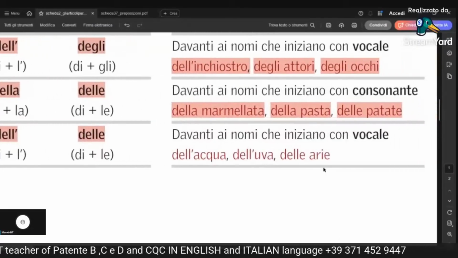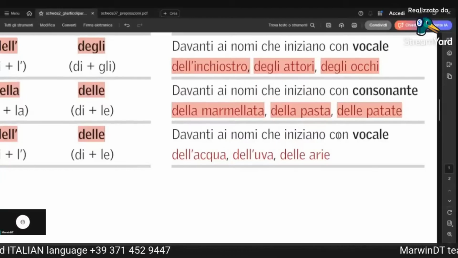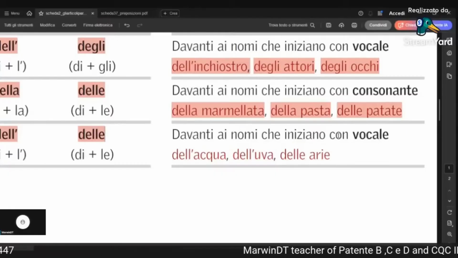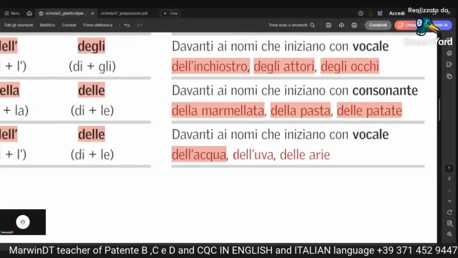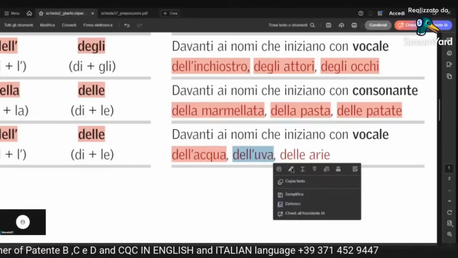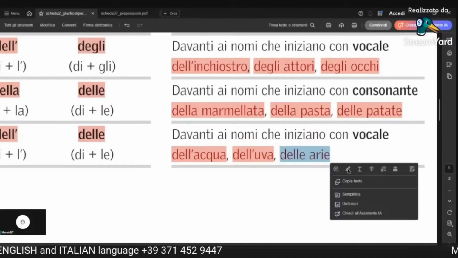That one is used with the vowels, which are A, E, I, O, U, which is names that start with the vocali, A, E, I, O, U, which you have seen from the beginning. So the example is dell'acqua, dell'uva, delle arie.